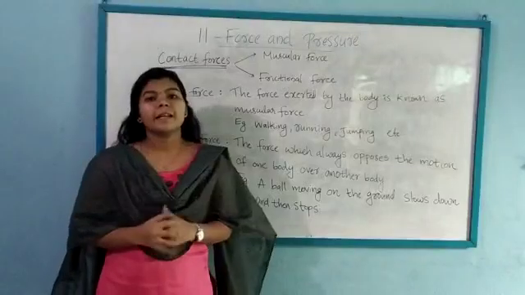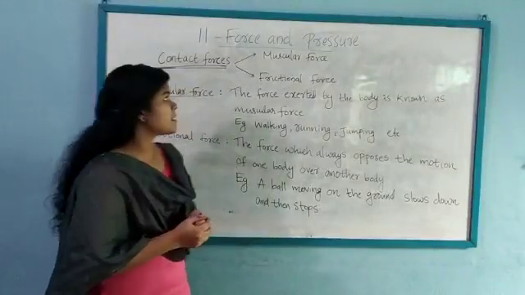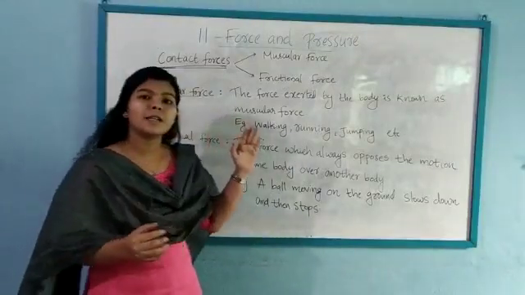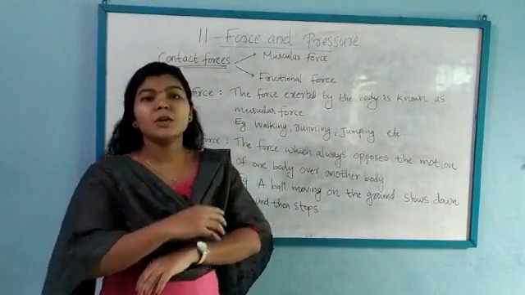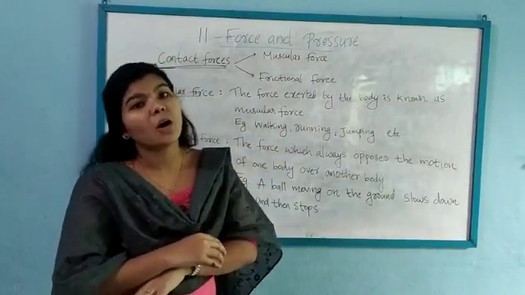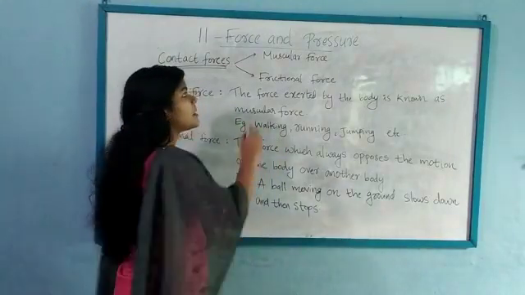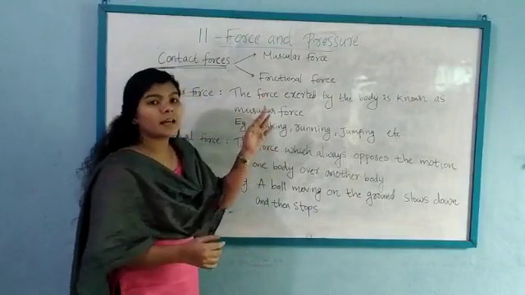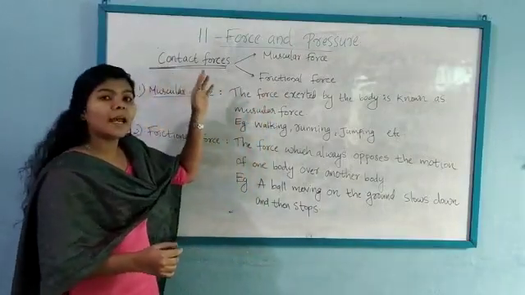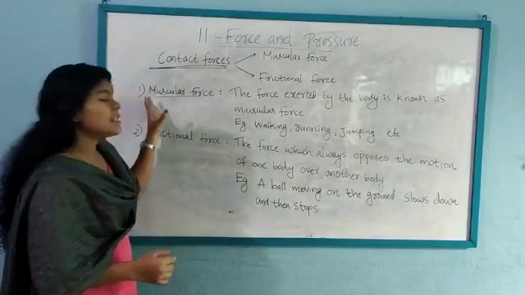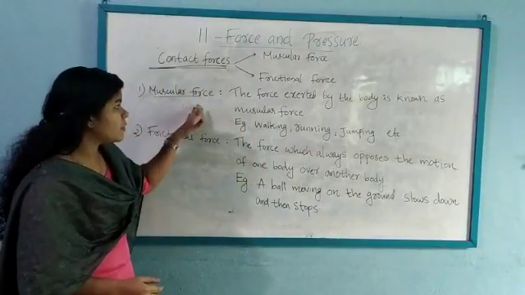Okay. Next one is the contact forces. We know that contact forces are the forces between two bodies which are in contact with each other. Muscular force and frictional force are the examples for contact forces. And first one is muscular force.